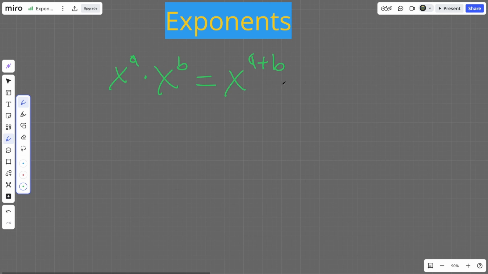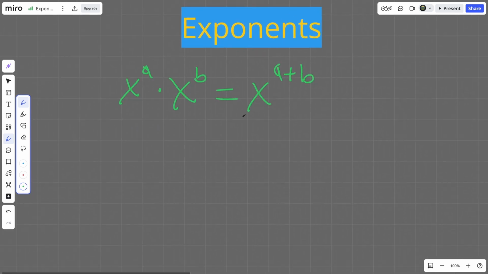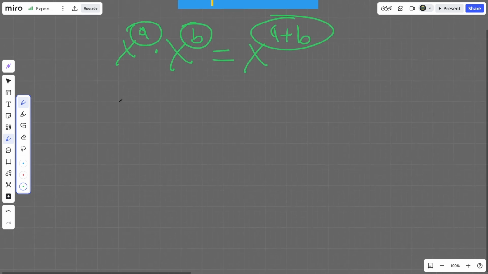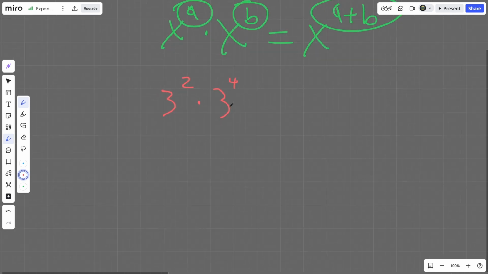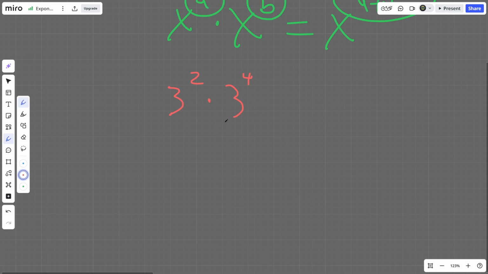You might even understand it, but let's give it a shot at explaining why this works the way it does. I would almost never use variables to do this. It's just going to get more complicated. Instead, pick something like 3 to the power of 2 times 3 to the power of 4. Give students something concrete to latch onto.